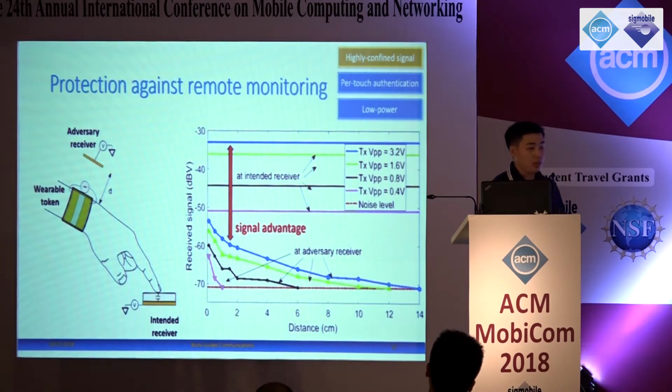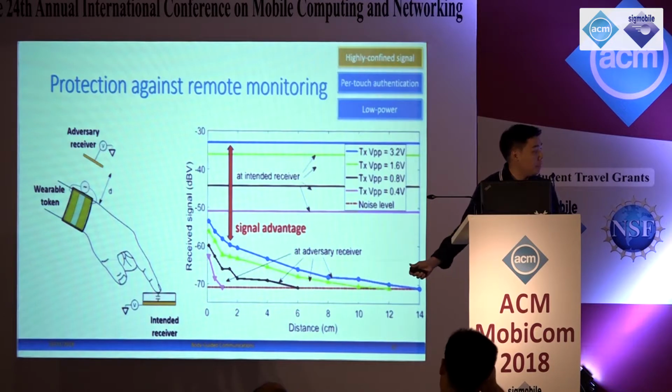We see that, independent of the transmission voltage, for a given position of the adversary receiver, the difference between the signal of the intended receiver and the adversary receiver is roughly the same. So we define the signal advantage as the difference between these two signals and use it to define how highly confined the signal is.